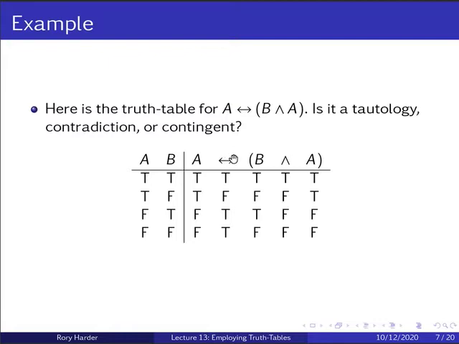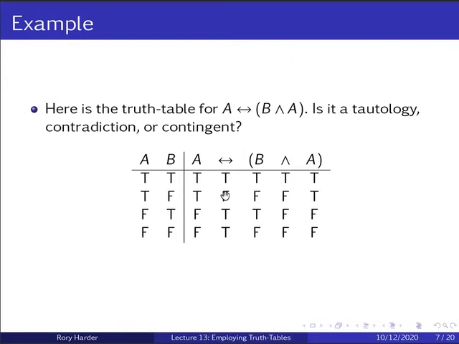But if there are some T's and some F's, depending on the row, under the main connective, then this sentence is contingent. And so by looking at this truth table, we can establish that this sentence is contingent because there are some rows on which it's true, and some rows on which it's false.